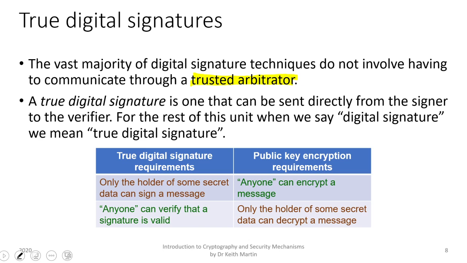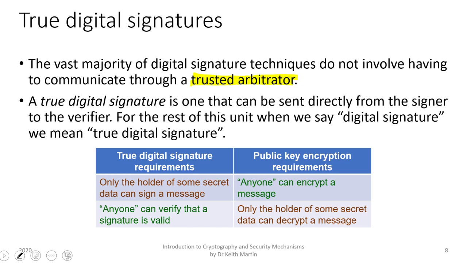And these true digital signatures can be seen as almost a reverse of what we discussed in public key encryption. Particularly, the requirements that we have for true digital signatures can be seen as the total opposite of what we have as requirements for public key encryption.